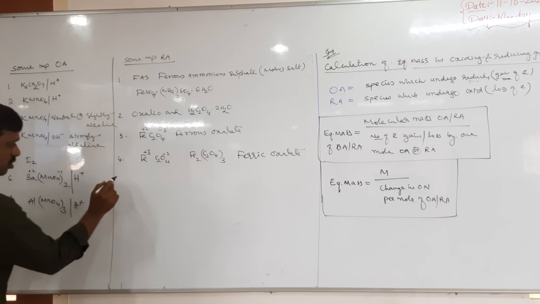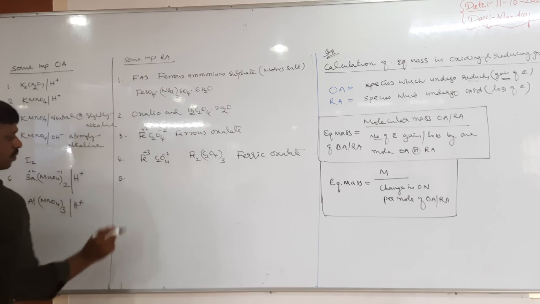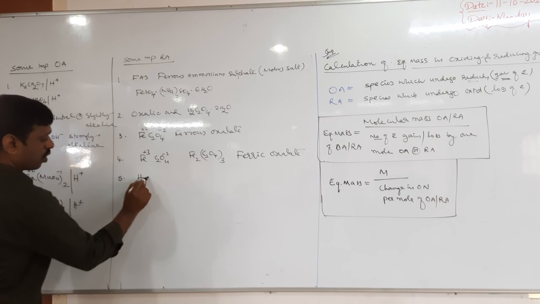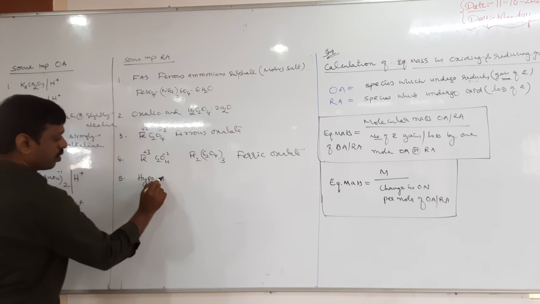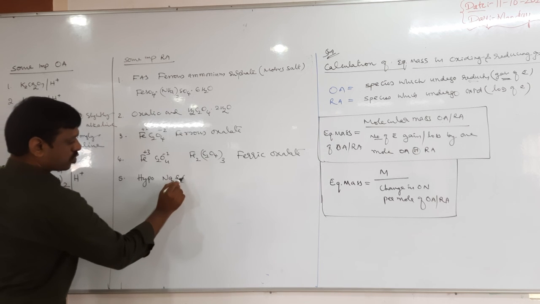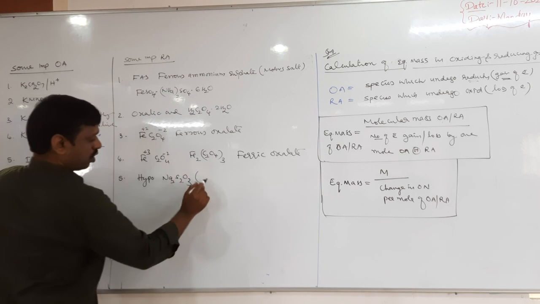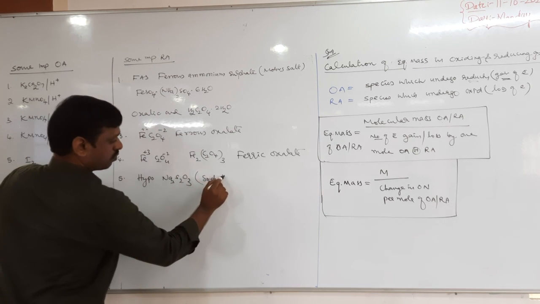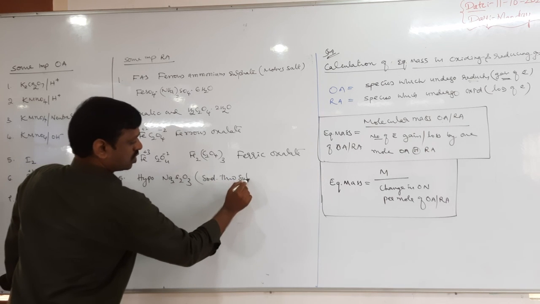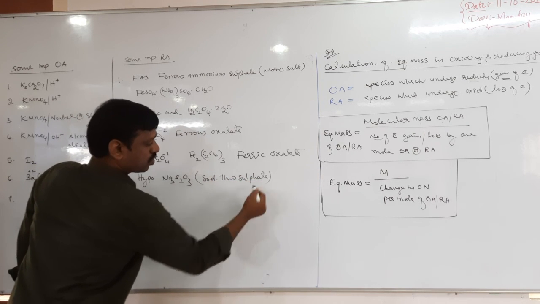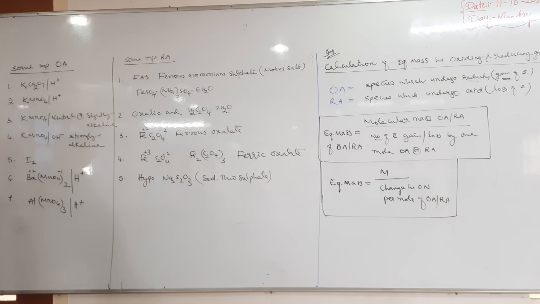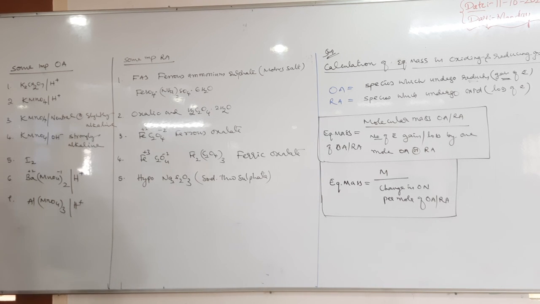Okay, next, fifth one, hypo. What is the hypo? Na2S2O3, which is called sodium thiosulfate. It is also a very good reducing agent we use very commonly. So these are some important reducing agents which we used in volumetric analysis.